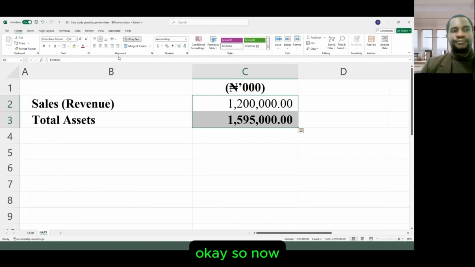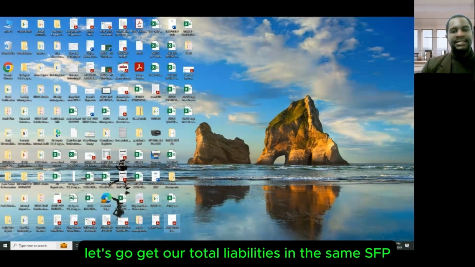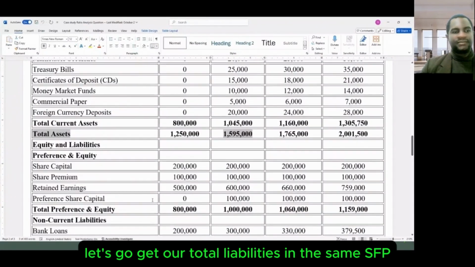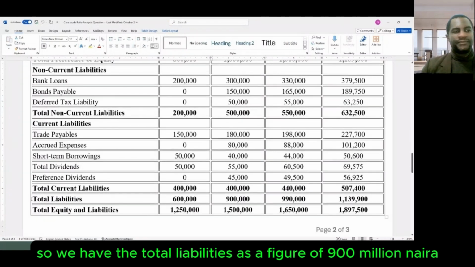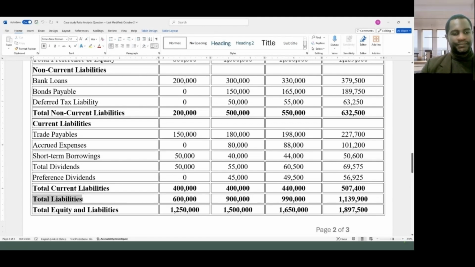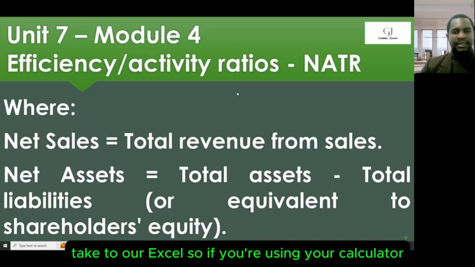Okay, so now let's go get our total liabilities in the same SFP. We have the total liabilities as a figure of 900 million naira. So let's pick that and take it to our Excel.